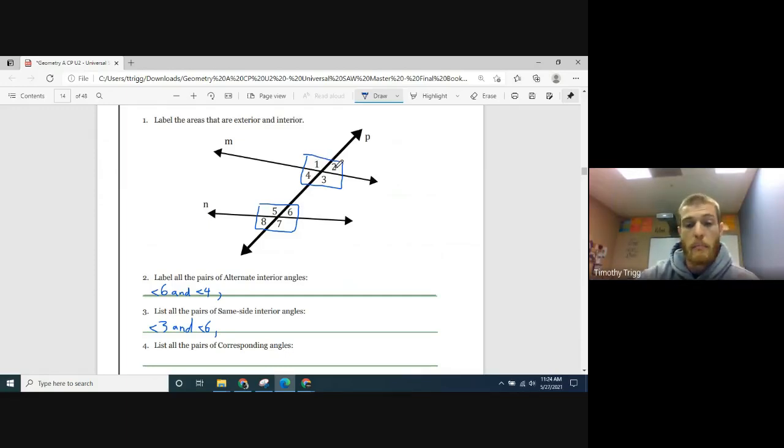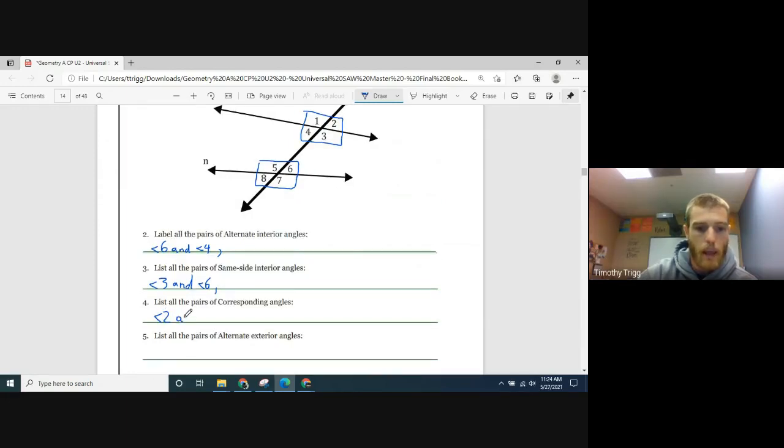Angle 2 is in the top right position. Bottom left, bottom right. Then you'd look over here. Who's in the top right position? Well, that's angle 6. Who's in the top right position here? Angle 2. So they're in corresponding position. So angle 2 and angle 6 are an example of corresponding angles.